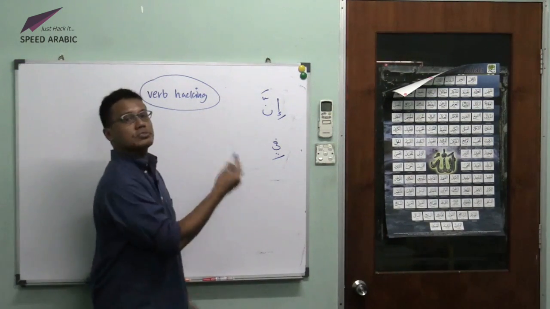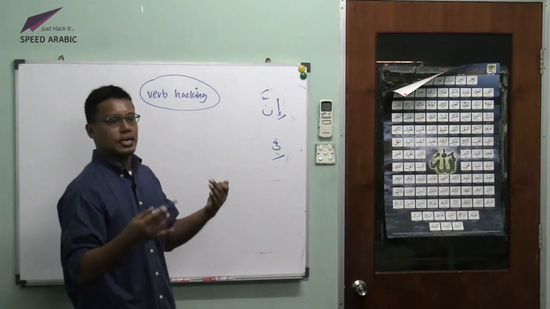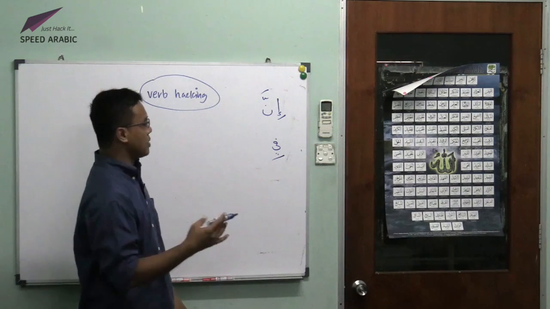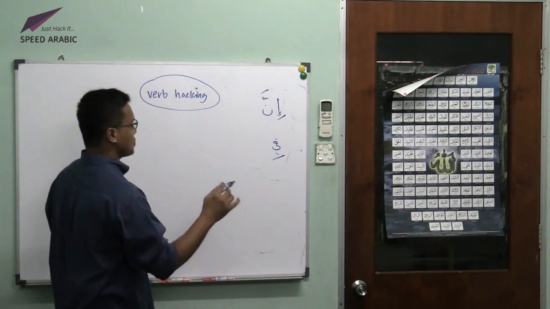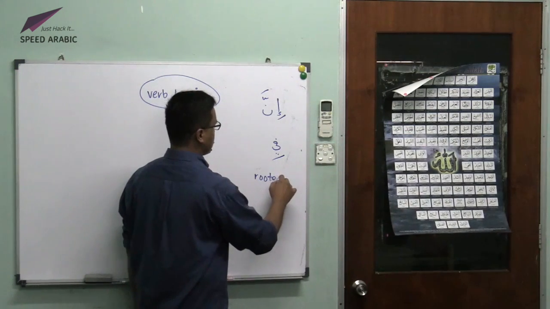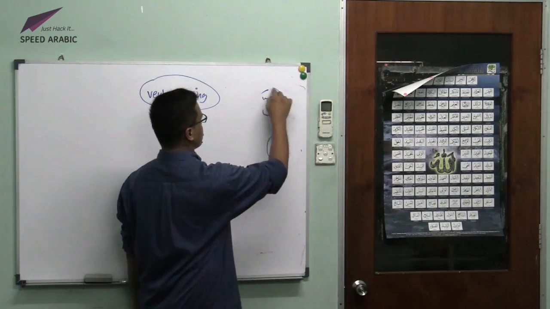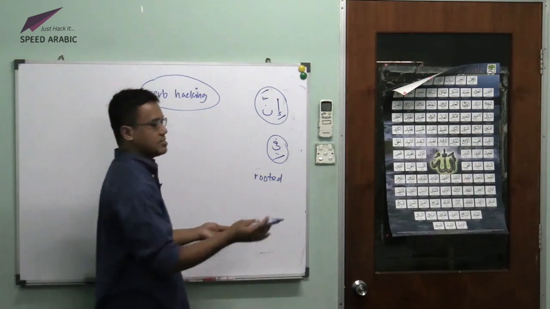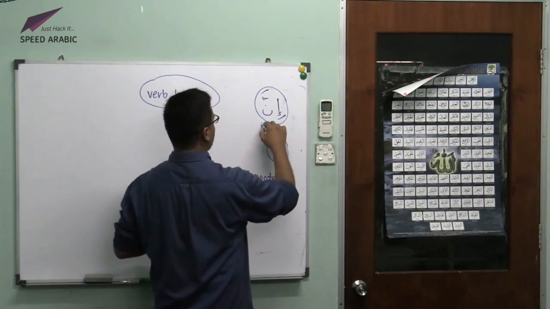Because there are no roots to hack it. There is no reason to hack. The reason we want to hack things is because it's rooted. Fi is not rooted, inna is not rooted. We don't hack, we just copy the meanings. What's the meaning of inna? Indeed.